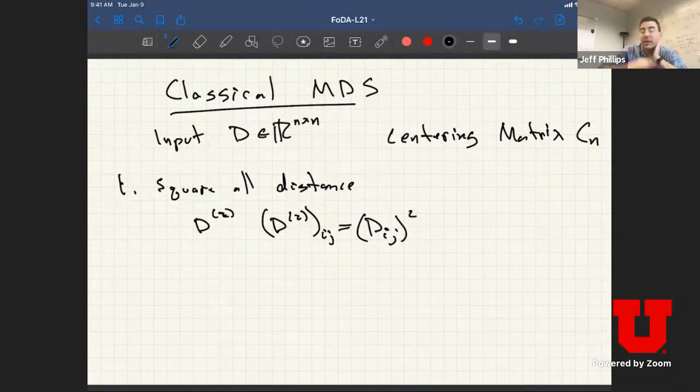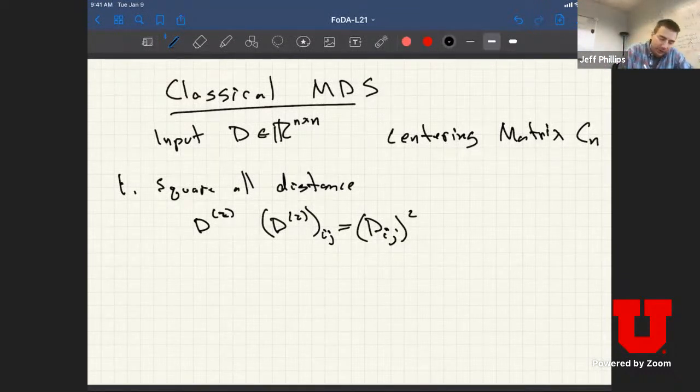So I'm squaring all the individual values, and now I have a matrix filled with the squared distances. Because of the Pythagorean theorem, such squared distances are going to be easier to work with here. Because of that, we're going to use an eigen decomposition, which works on the squared matrices instead of the original matrix, so we'll use that instead of an SVD.